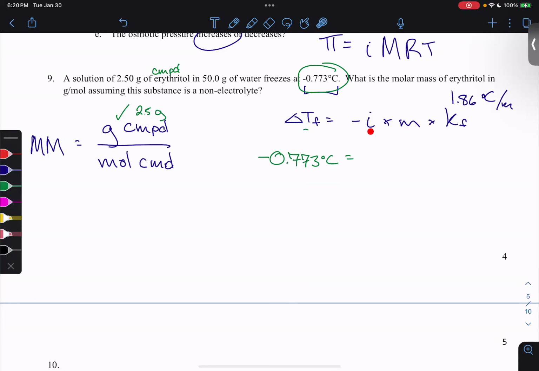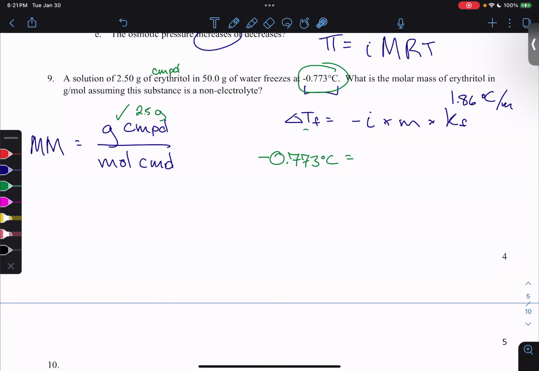Let's look at these other values. Did the question tell us what i, the Van 't Hoff factor, was? Think about the different types of i's we have. Sugar is a non-electrolyte. When you make a sugar water solution, does it conduct electricity? No, there are no ions in it at all. So sugar has a Van 't Hoff factor of 1 because when you put 1 particle of sugar in, you only get 1 particle of sugar out. But if you dissolve salt in water, does that conduct electricity?